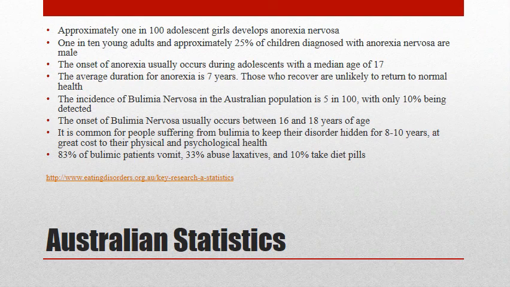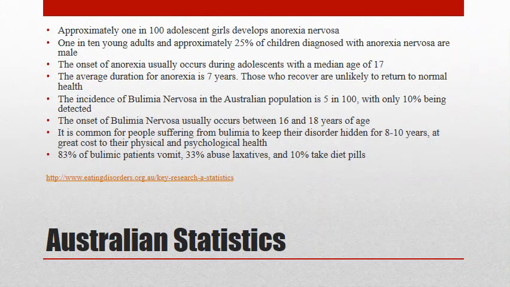Interestingly, the onset normally occurs during adolescence, with a median age of 17, and the people who develop anorexia normally have it for around 7 years, and even if they recover, they're unlikely to recover back to normal health, which is really sad.